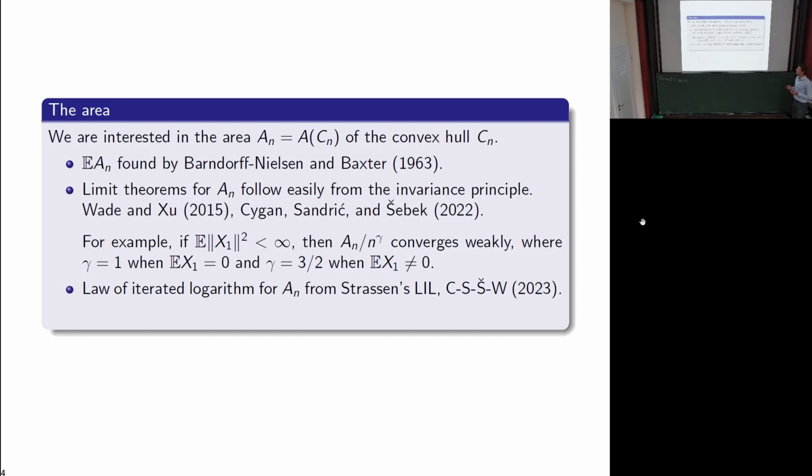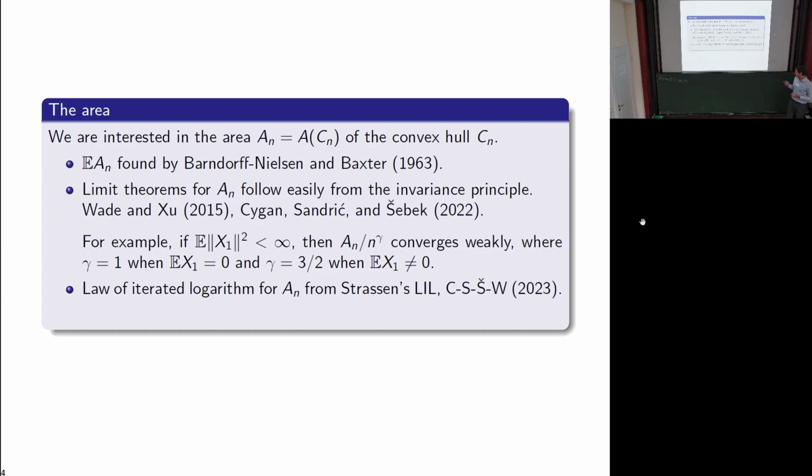And then you can write down limit theorems for the area, and they easily follow from the invariance principle. So, for example, if the steps of the walk have finite variance, then A_n scaled by n to a certain power converges weakly to whatever you can derive from the invariance principle.